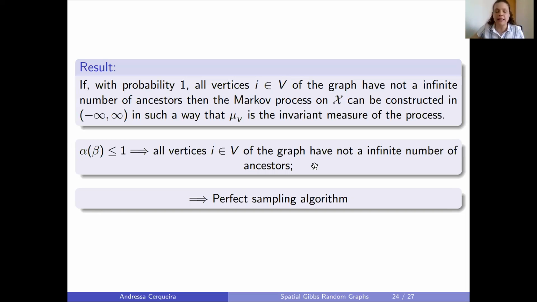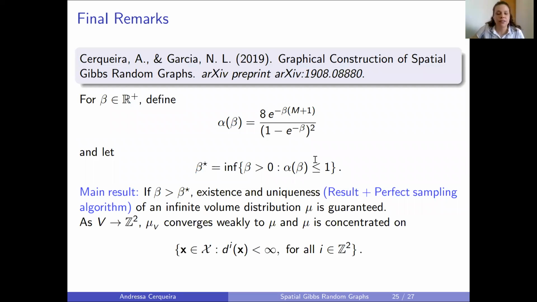That's just the infinite Gibbs measure that we are interested in. So this is the idea behind this technique, just to put things together. So now we can understand what we have here: this alpha function comes from this branching process that I used to dominate the clan of ancestors.